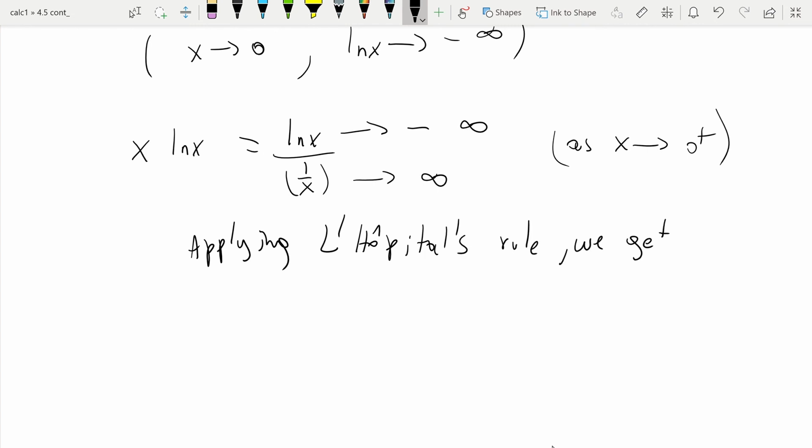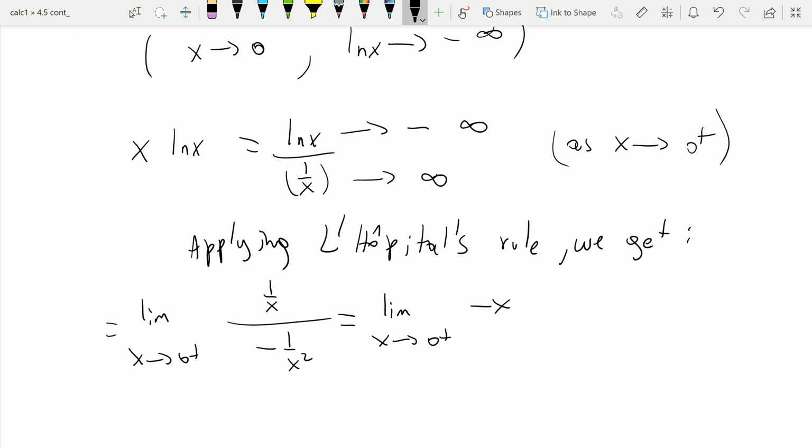we get that this is equal to the limit as x approaches 0 plus of the derivative of natural log, 1 over x, divided by the derivative of 1 over x, which is minus 1 over x squared. This is the same as the limit as x approaches 0 plus of minus x.